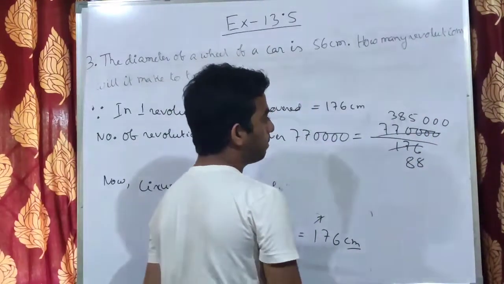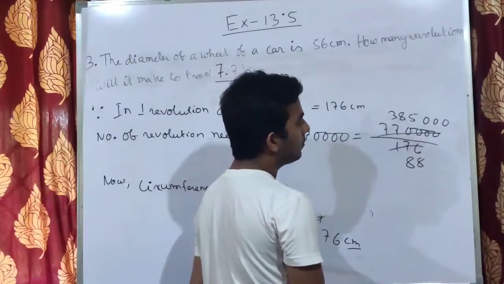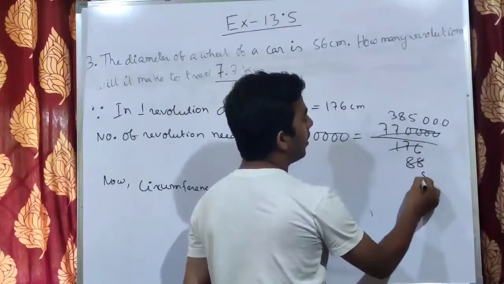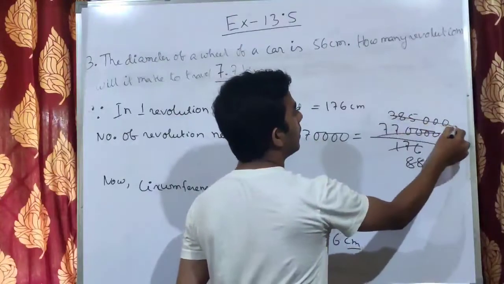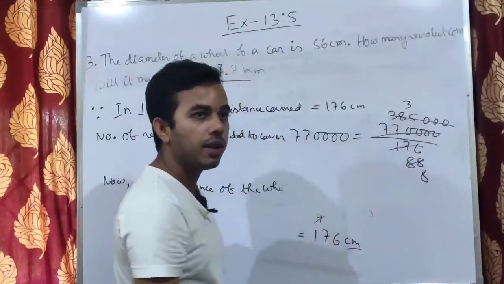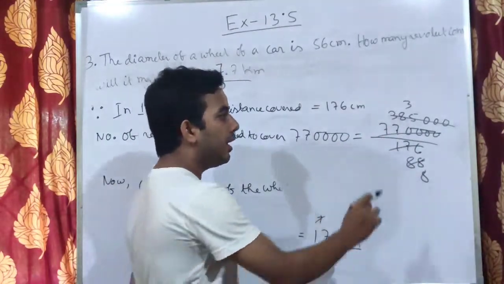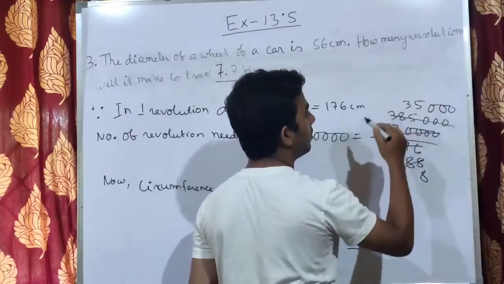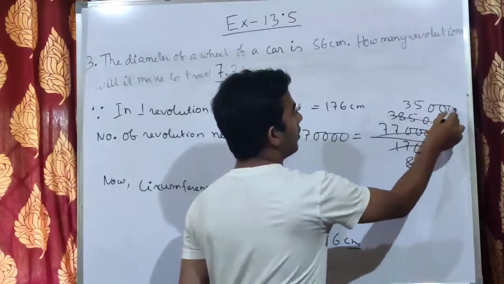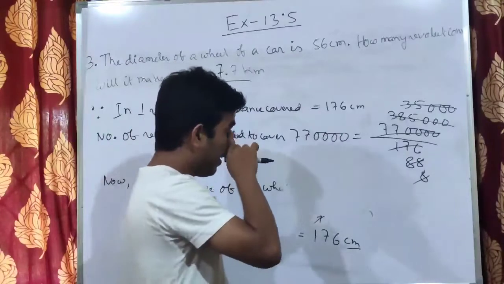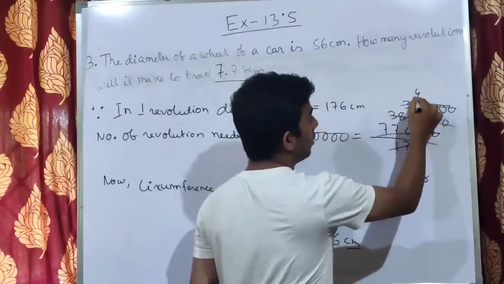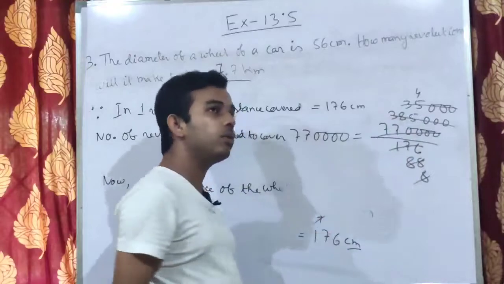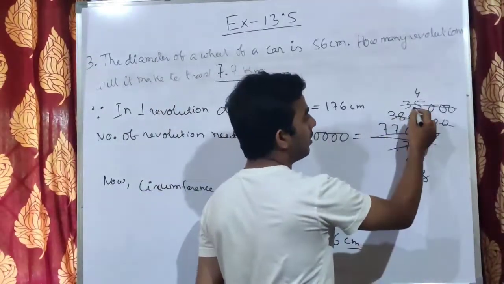Then let us cancel again. 11 into 8, 88, then 11 into 3, 33. 38 minus 33, 5, then the next number also 5, 55, 11 into 5, 55, then 0, 0, 0, then 8. 8 into 4, 32, then 35 minus 32, remainder is 3.